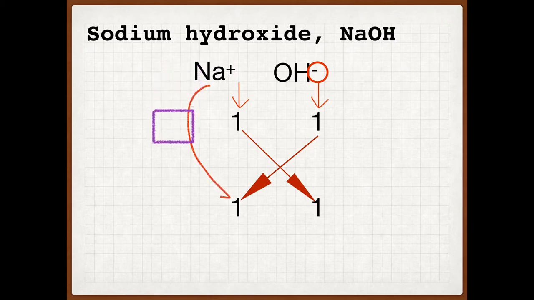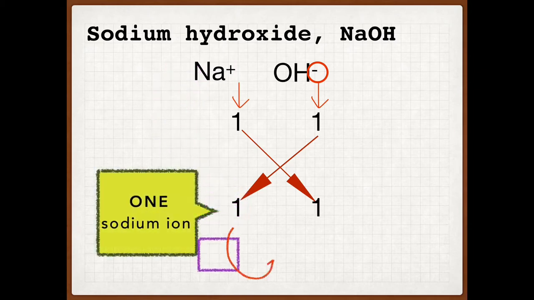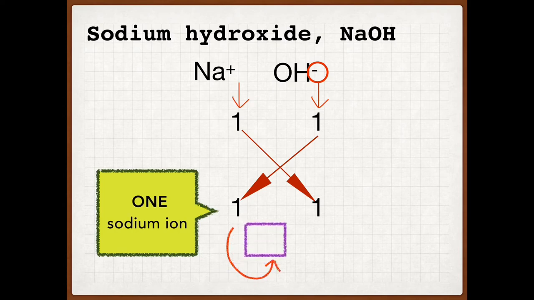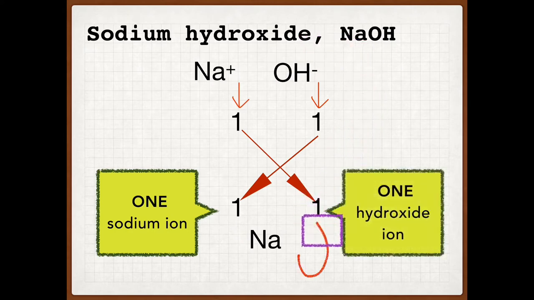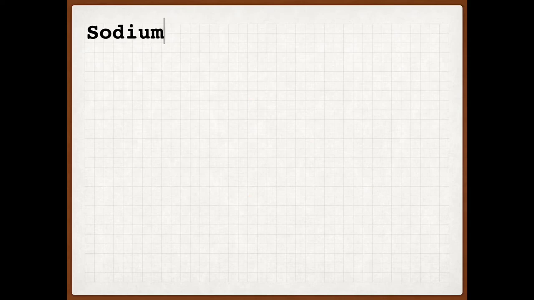So sodium ion involved is 1, and hydroxide ion involved is 1. So the formula of sodium hydroxide is NaOH.